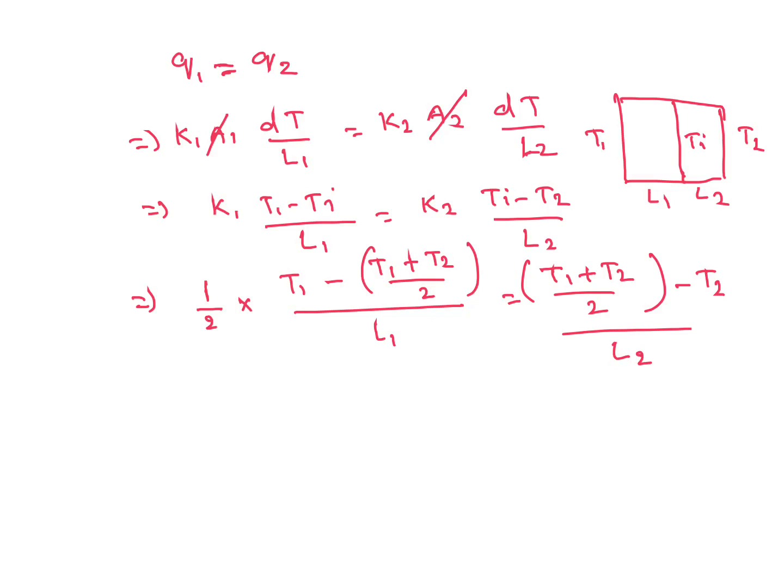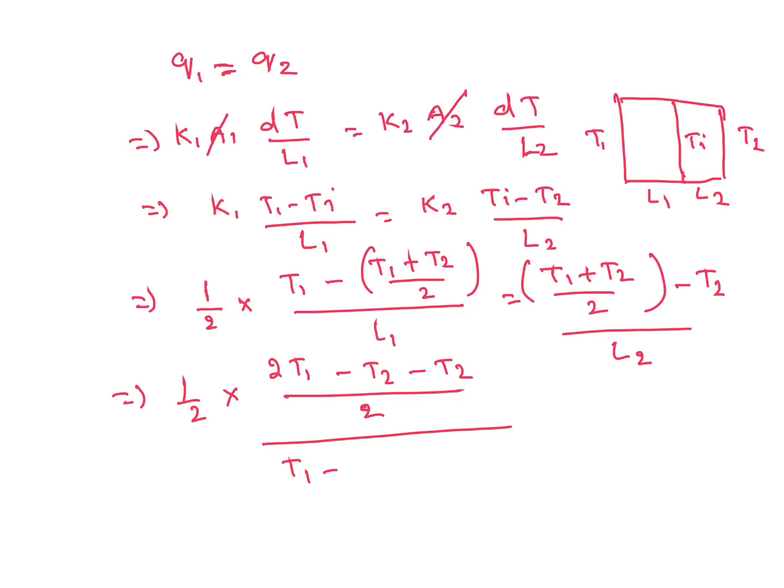We have to calculate L1 by L2. So half into (2T1 minus T1 minus T2) by 2, divided by (T1 plus T2 minus 2T2) by 2, equals L1 by L2.